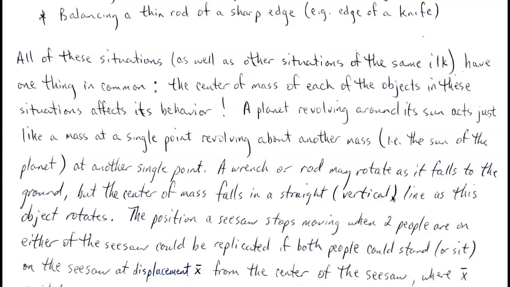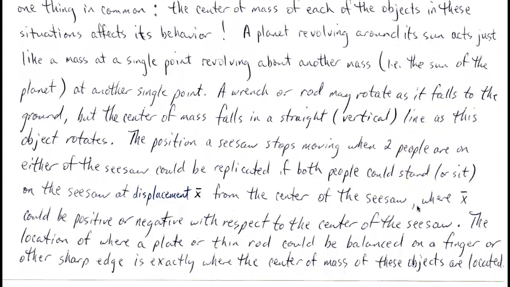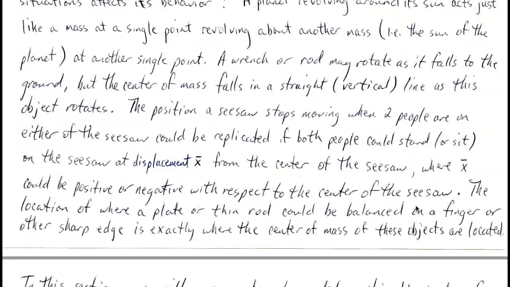The position at which a seesaw stops moving when two people are on either side of it could be replicated if both people stood on the seesaw at some displacement value x from the center. It could really be just one person standing somewhere to the left or right of the center, depending upon the makeup of the seesaw, and you would see that the seesaw would be horizontal.